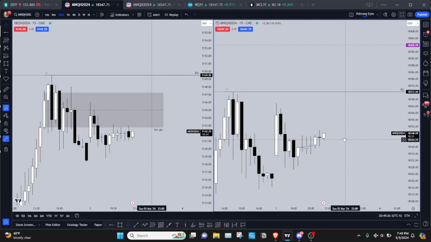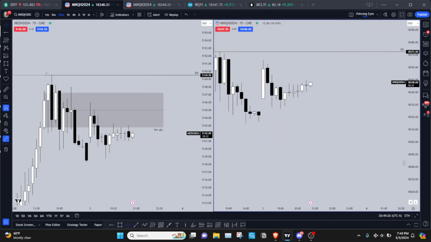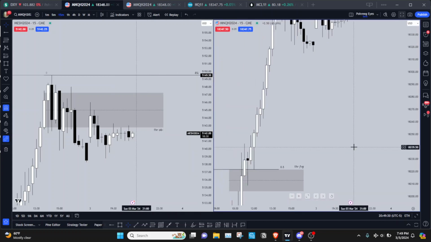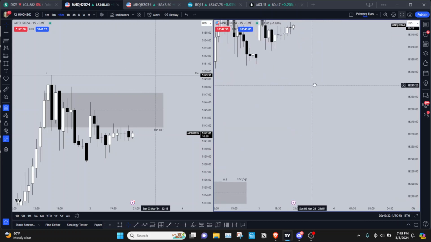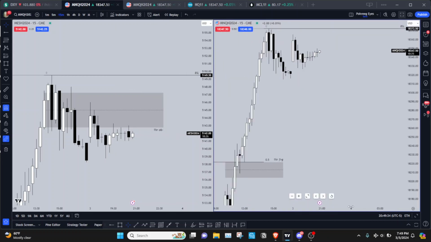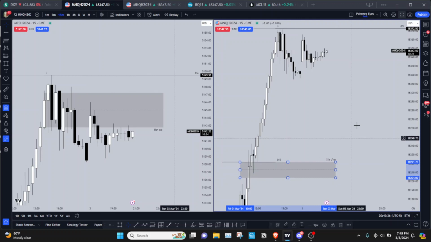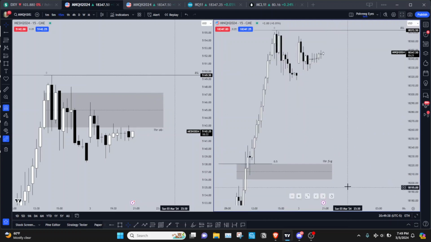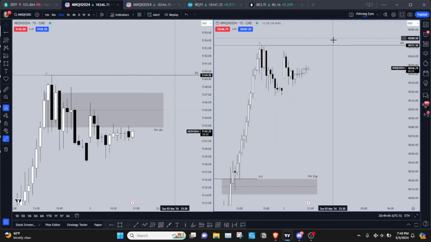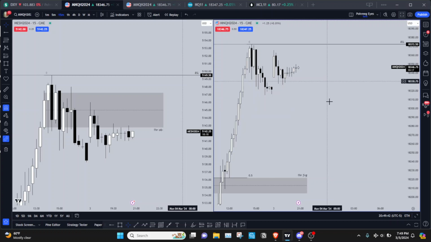So what I want to happen is that I want us to go lower right here. After we take this liquidity, I want a massive drop on Wednesday for us to go lower. So after we take out this side, Tuesday will just expand, Wednesday will expand lower, and then take out this side.